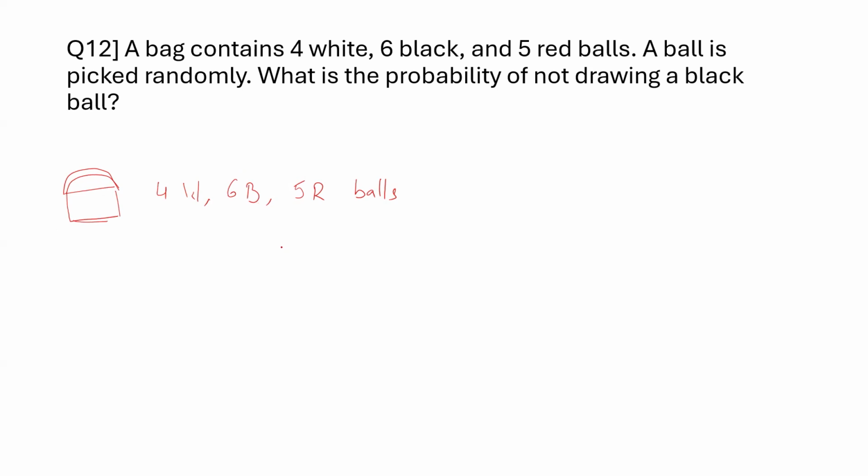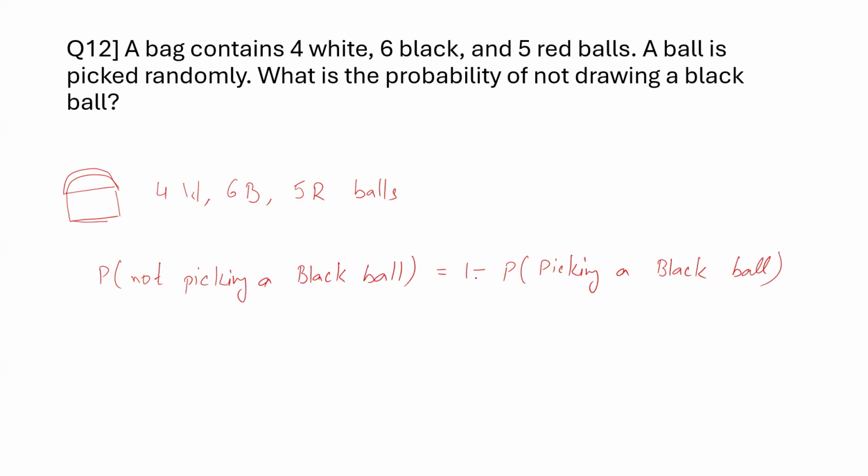So till now you know how to get the probability of picking a black ball. What is the probability of not picking a black ball? How will you compute it? Can you understand this concept: not picking a black ball is the same as 1 minus the probability of picking a black ball, because total probability can go till 1.